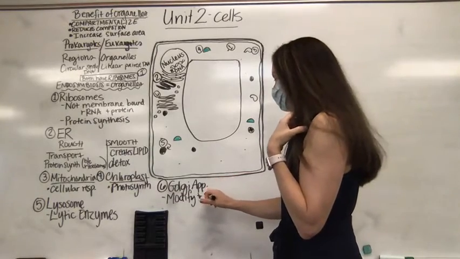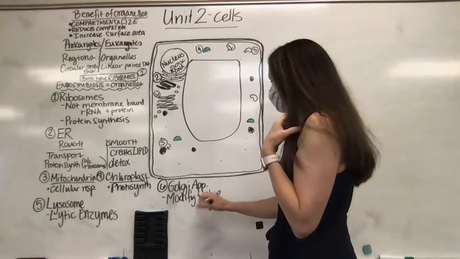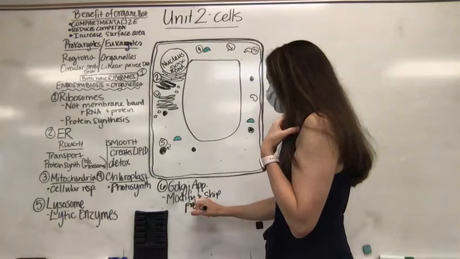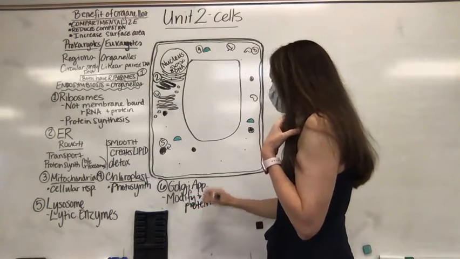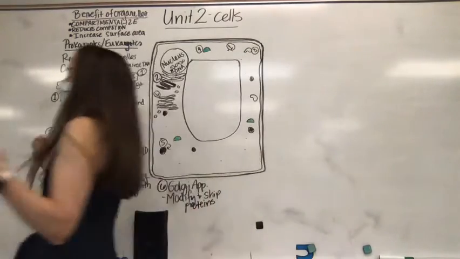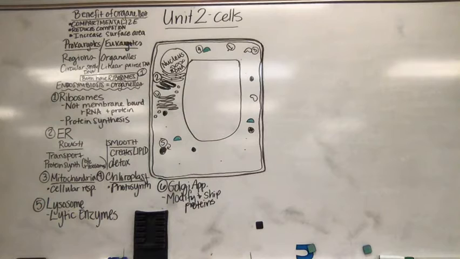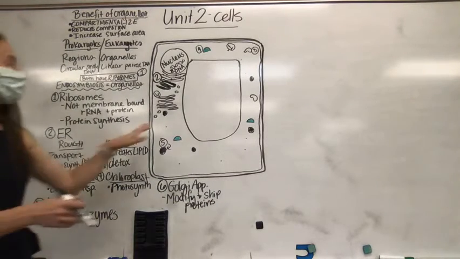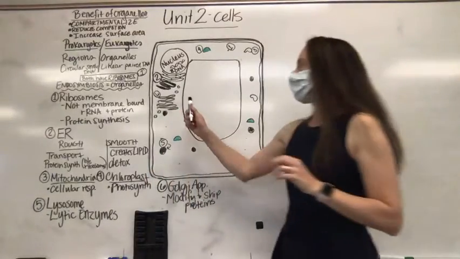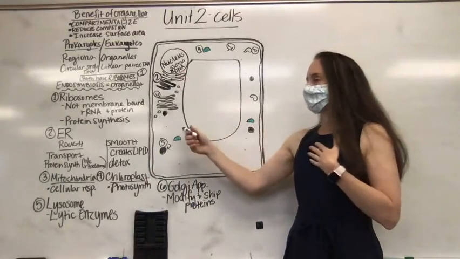So modify and ship, I'm going to say, proteins, which could mean modifying, could mean folding, if there's any changes that need to be made, things like that. Typically, it's just kind of folding them up and shipping them off in little vesicles. So with the Golgi as part of our routine now, we have a whole intermembrane system, right?